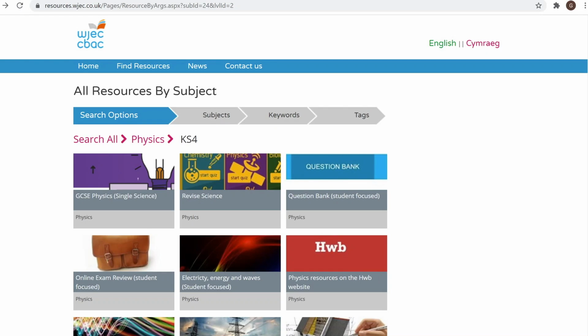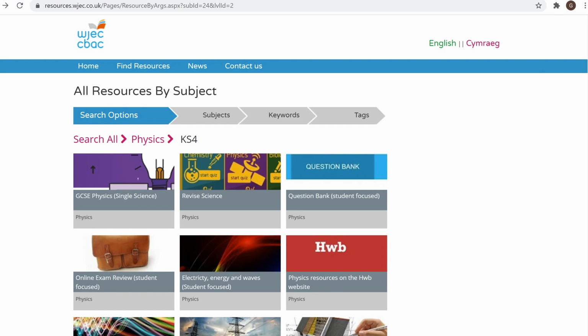booklets. To help explain Newton's second law of motion, this is a useful resource which is available to all of you. It's through the WJEC website, and you just type into Google WJEC digital resources and you can select whichever subject you want to learn more about.